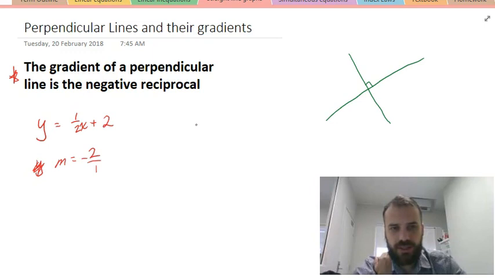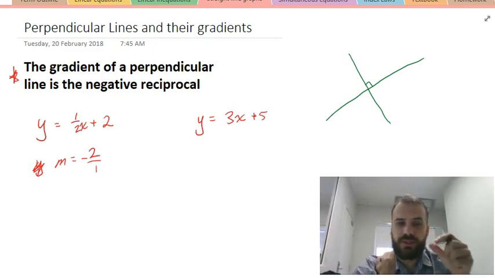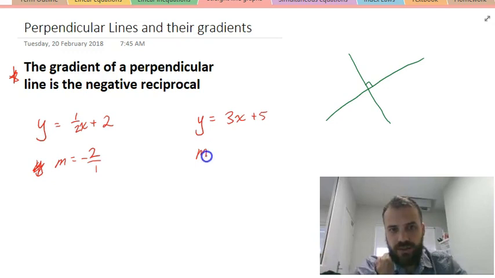So if my original equation was y equals 3x plus 5, then the perpendicular line would have the negative reciprocal of that. So the gradient of a perpendicular line will be equal to 3 over 1 flipped upside down, which would be 1 over 3, but negative 1 over 3.